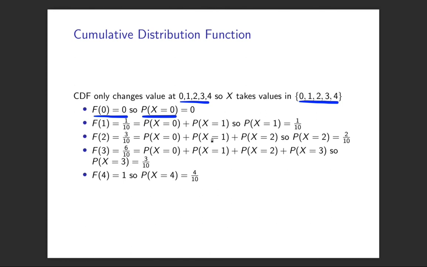So 0 plus 1 over 10 plus the probability X equals 2 is equal to 3 over 10. And that means the probability X equals 2 has to be 2 over 10. And so on. Given the CDF, you can just substitute back values in and figure out what all the PMF values are.